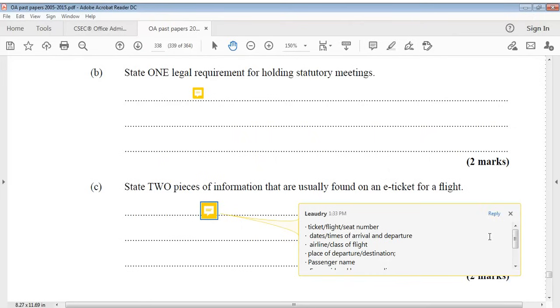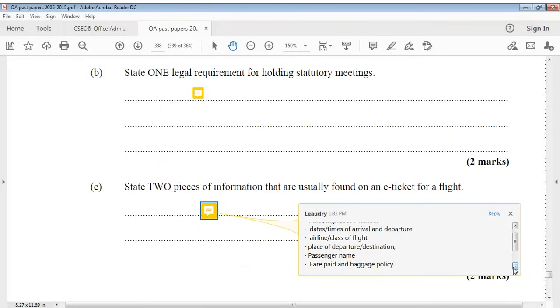Number 2, we'll find the dates or times of arrival and departure. 3, we'll find the airline or class of flight. 4, we'll see the place of departure or destination.